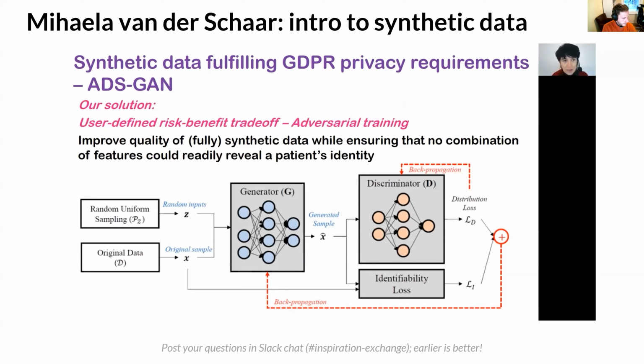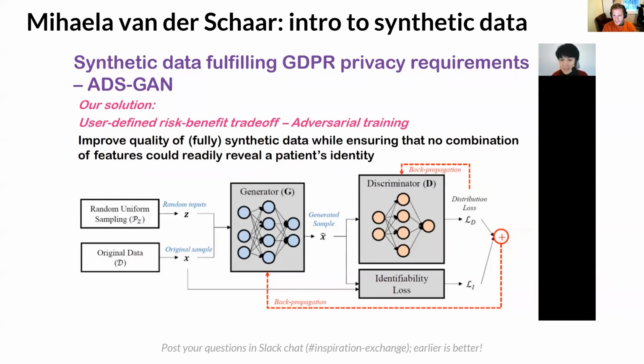And what we wanted is to provide a solution where we can provide the data owners with the ability to choose the desired risk-benefit trade-off in terms of privacy and fidelity. And we do that using adversarial training. So when we generate our synthetic data with the generator in a GAN, we have two losses.